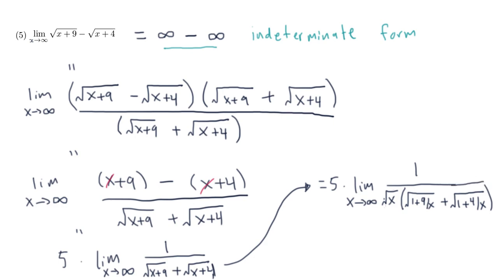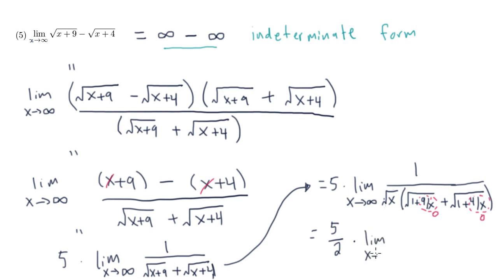And so what's the point? I mean, maybe this is kind of overkill. Maybe you just believe my reasoning. But the point is that this factor is going to 0. This factor is going to 0. So I have 1 over 1 plus 1, and then 1 over square root of x. So all in all, that's going to be 5 divided by 2. I mean, the 1/2 is not going to matter.